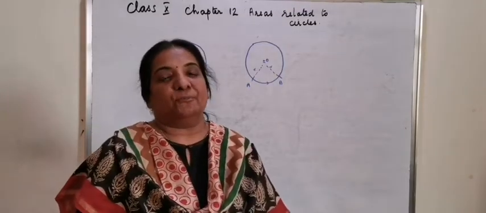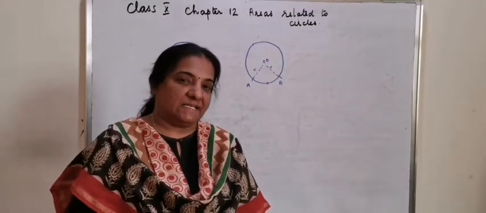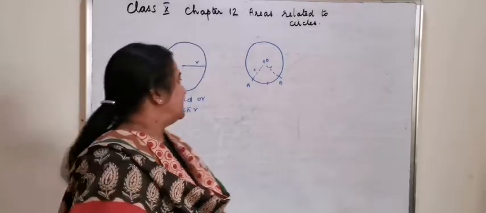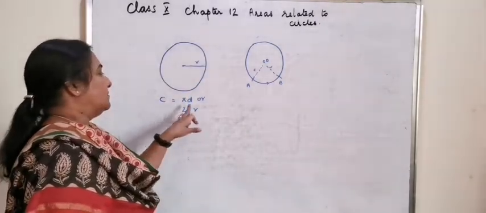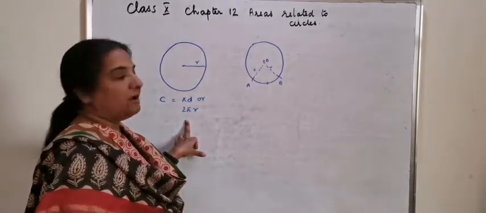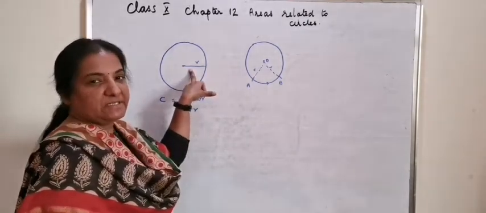A few more formulas to be derived in this lesson. The concept is the circumference of a circle is C is equal to pi d or 2 pi r, if r represents the radius of the circle.